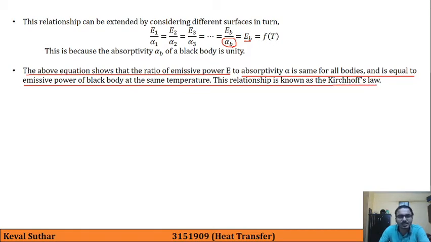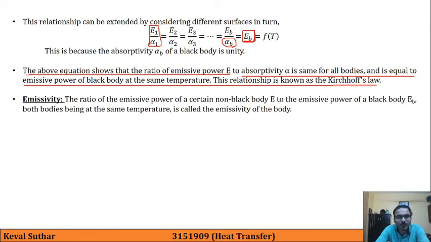So as you can see, this ratio is same. This ratio is same for all bodies and is equal to emissive power of black body, that is this. Now the definition of emissivity.